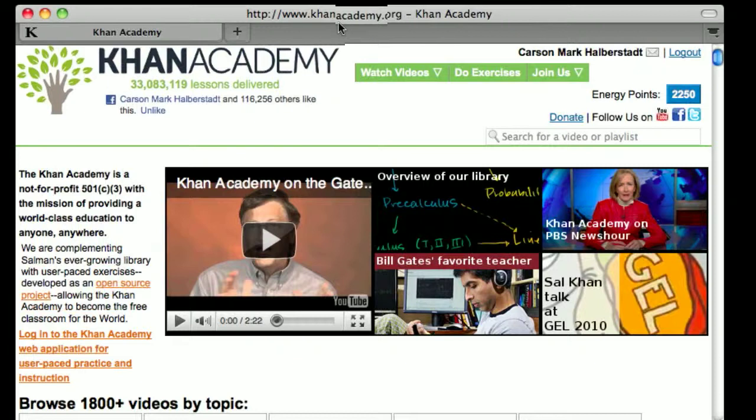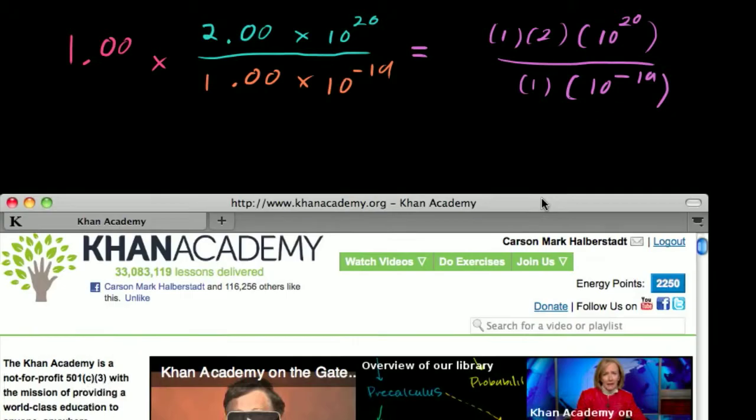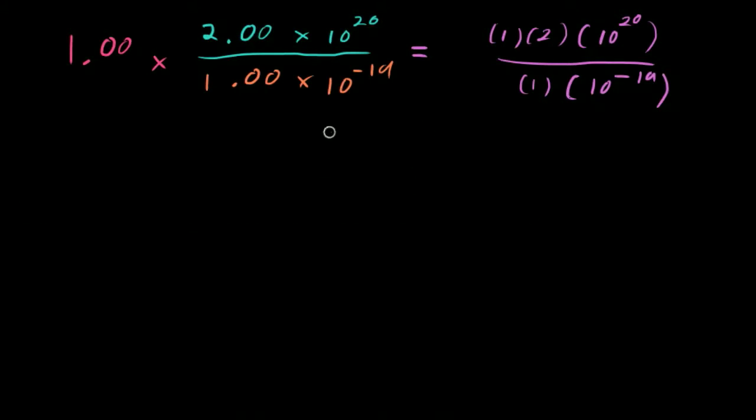If you can't solve this expression, 1 times 2 times 10 to the 20th power divided by 1 times 10 to the minus 19th power, I'll solve it real quick.